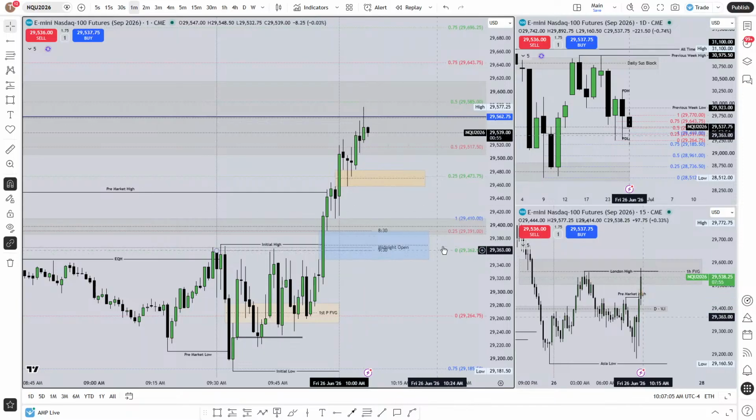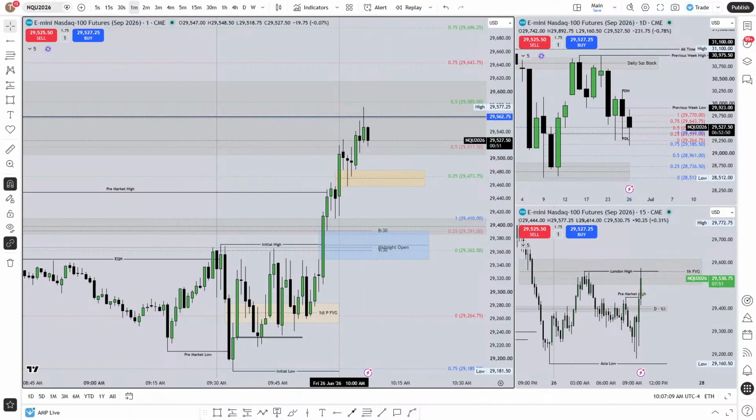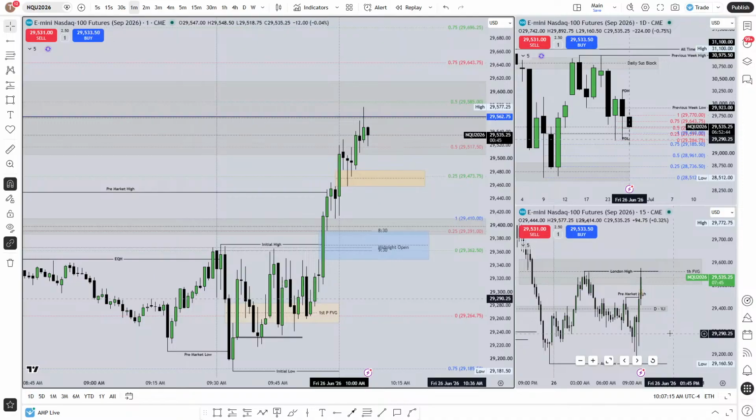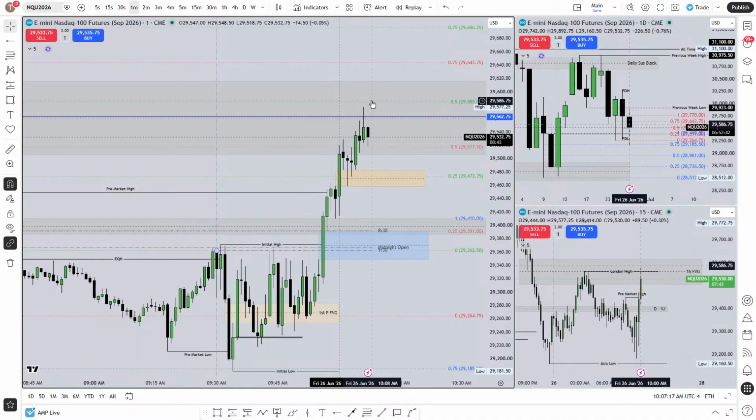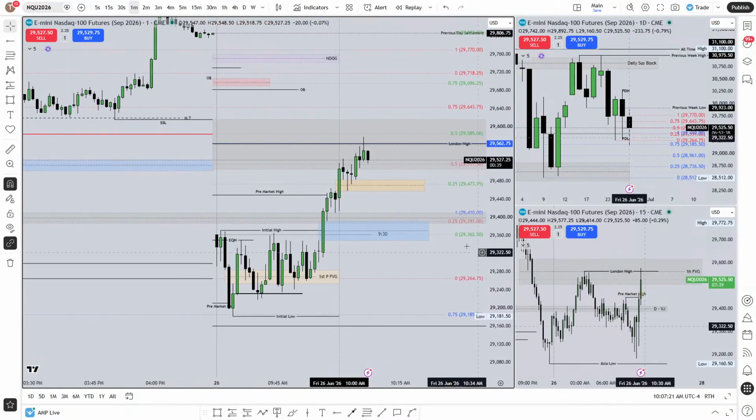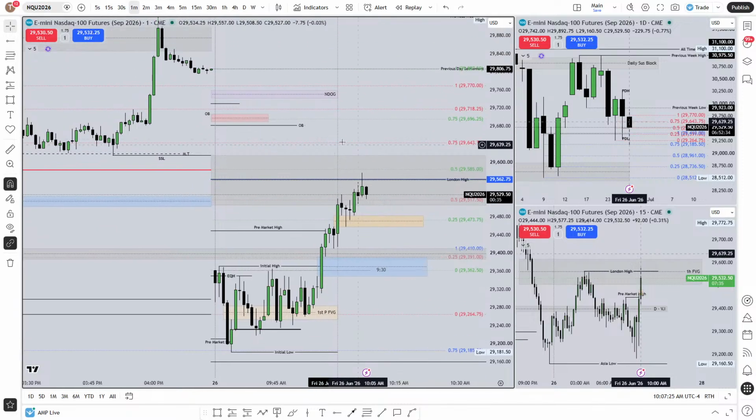Looking at this up close candle right here, it just fell short of the midpoint of the opening range gap, which is from this high to this low. That's that midpoint.